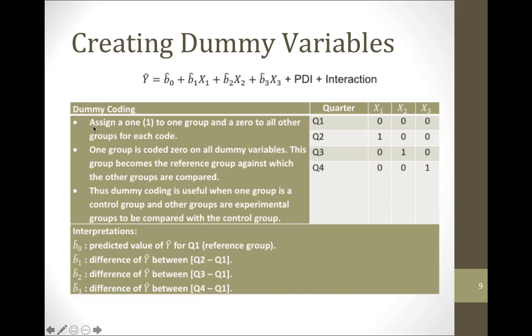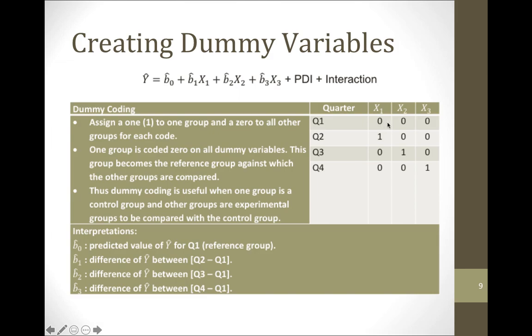For dummy variables, we assign a 1 to one group and a 0 to all other groups for each code. One group is coded 0 on all dummy variables. This group becomes the reference group against which the other groups are compared. So in this case, our reference group will be Q1.